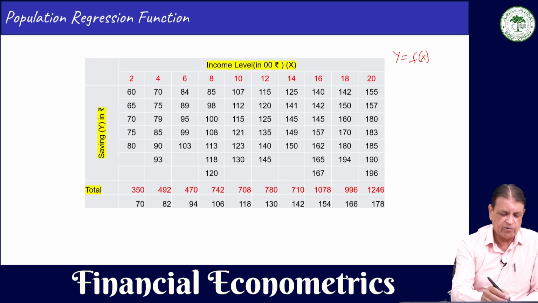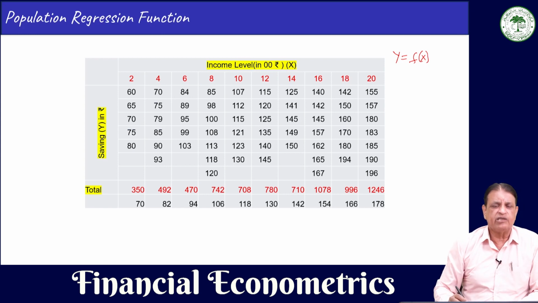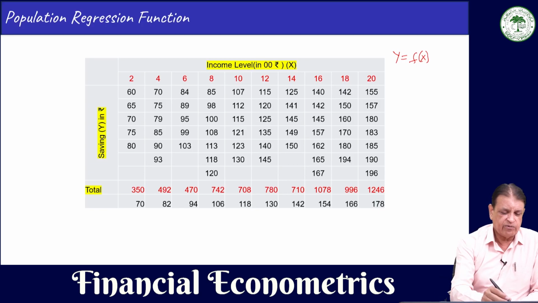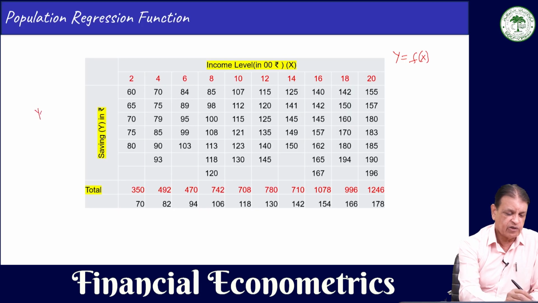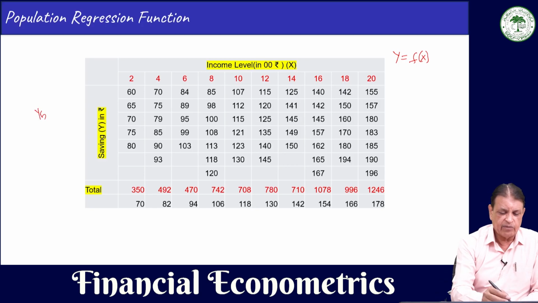Here there are 5 values, and all of these have an equal chance of being associated with this independent variable. So the probability of one value being associated with the independent variable is 1 upon 5. We multiply all these values by their respective probabilities and add.